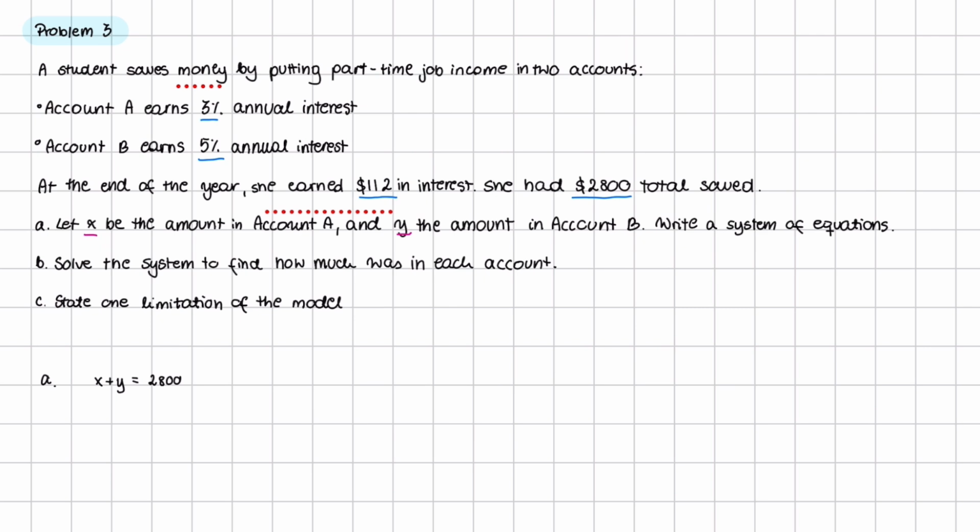And in account A we have 0.03x, because this is our annual interest, and this is our amount, and the same in the second account, but times y, and it equals our interest. And these are our equations.